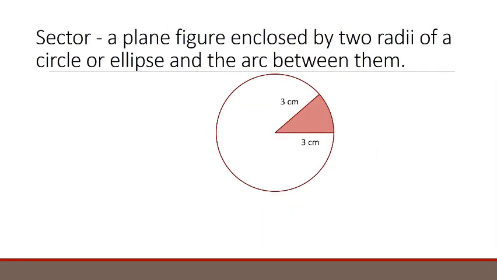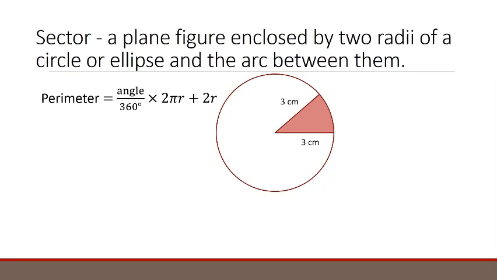Well, let's see what happens if we have a sector. A sector is a plane figure enclosed by 2 radii of a circle or ellipse and the arc between them. In this case, I've used the same circle with a radius of 3, but this time we're only interested in the pie-shaped sector, which is shaded. And the formula for this is similar, but we need to be thinking of the distance around the outside of the sector.